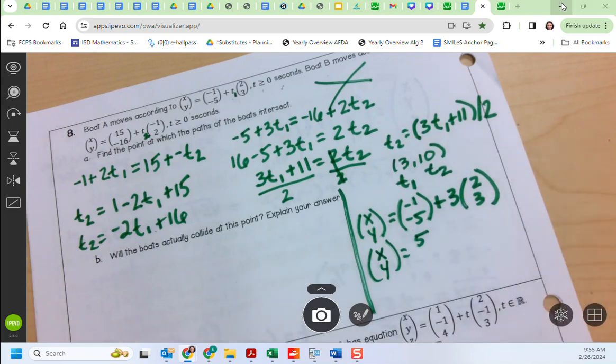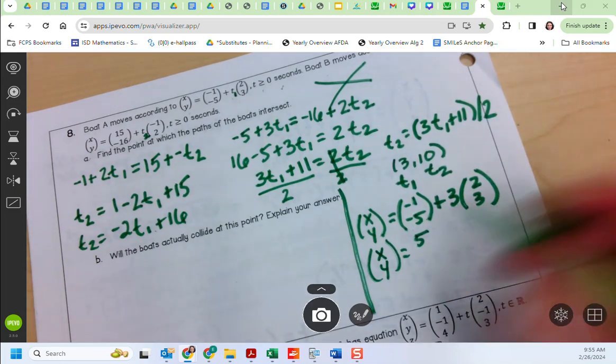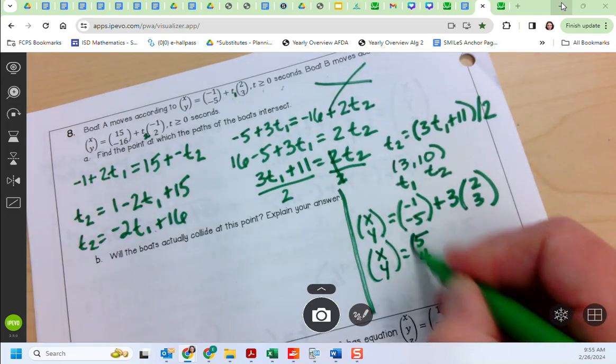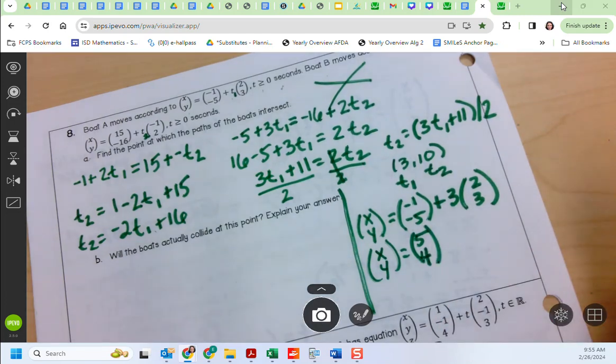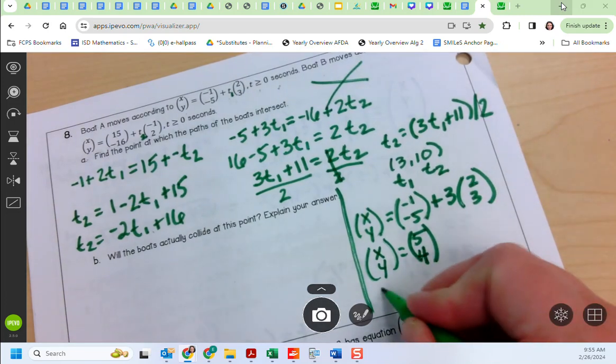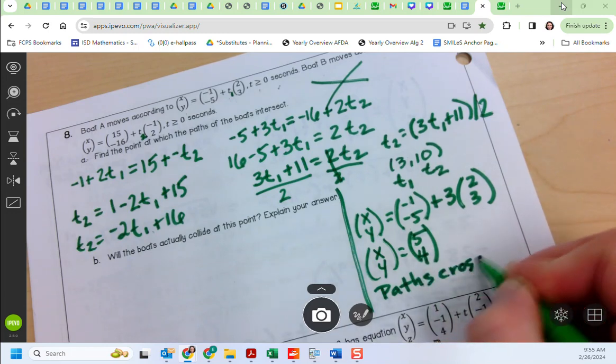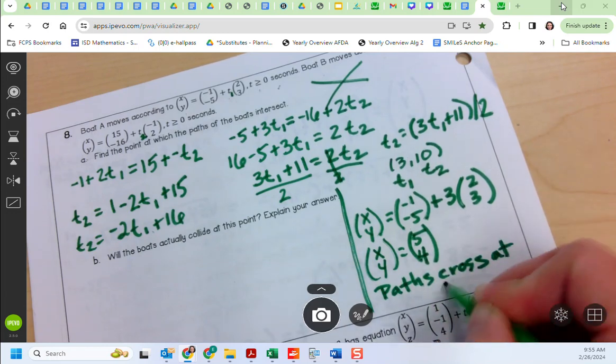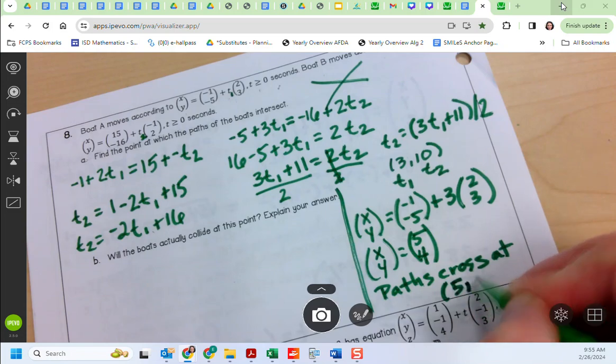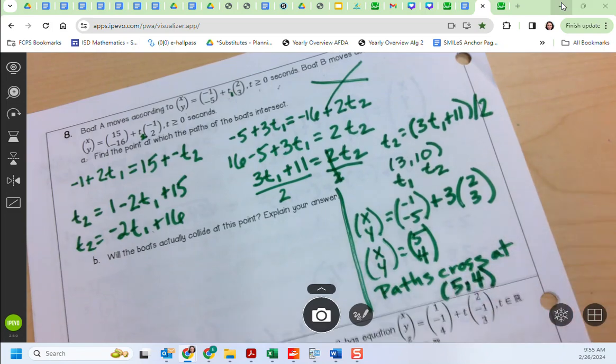And then 3 times 3 is 9 plus negative 5 is 4. And then, of course, since we're writing a coordinate, we're going to say their paths cross at, and then you're going to change it sideways because that's a coordinate, 5, 4.